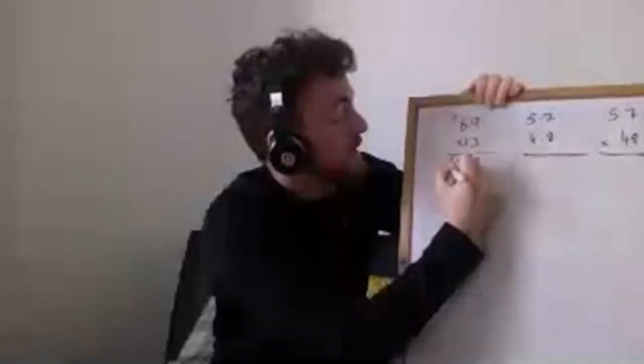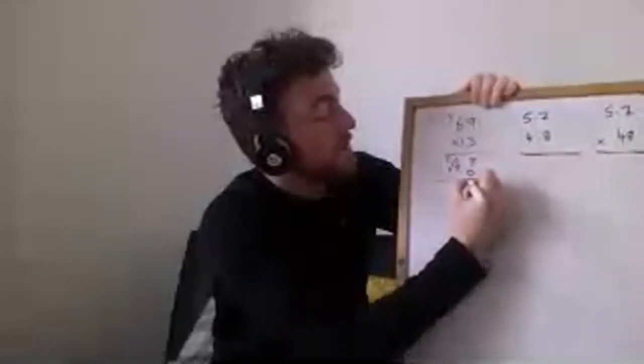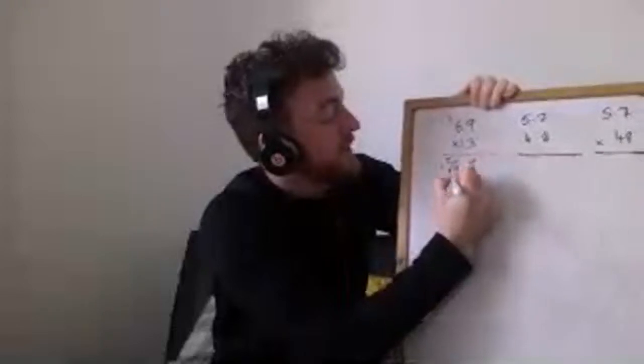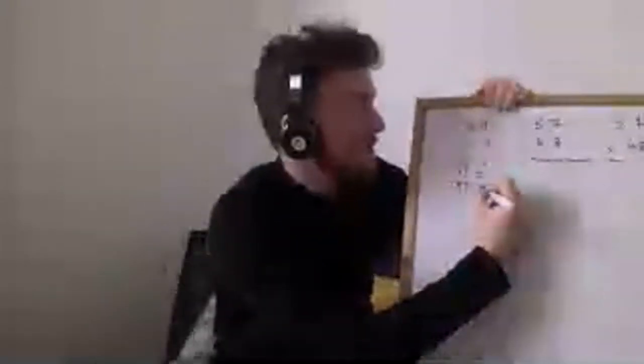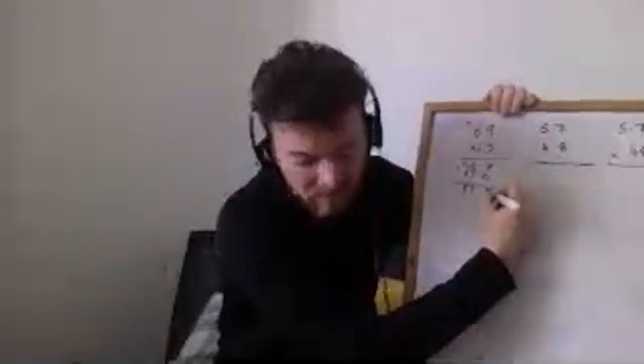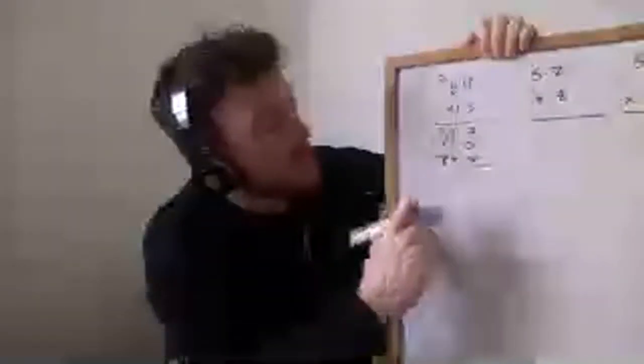Then 9 and 6. Add them up. 7, decimal, 9, 2 and 6, 8. Answer: 89.7 centimeters squared. Okay, so 89.7 centimeters squared.